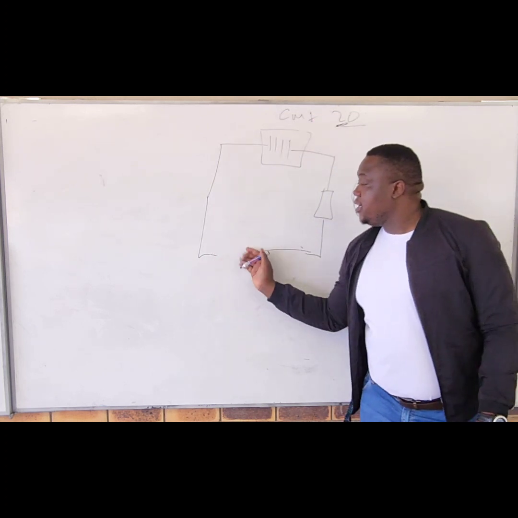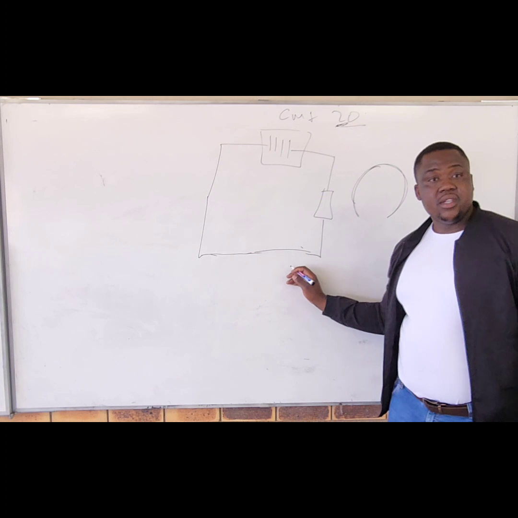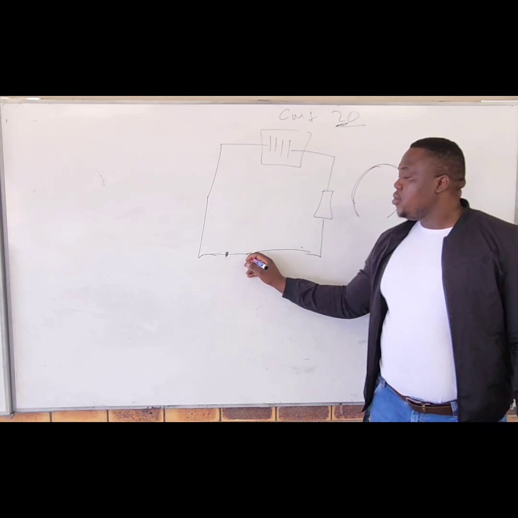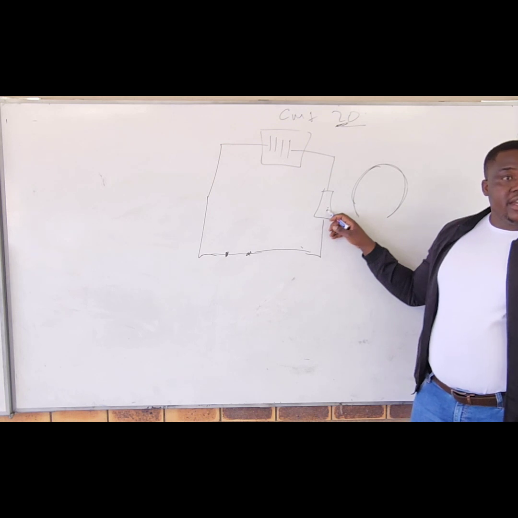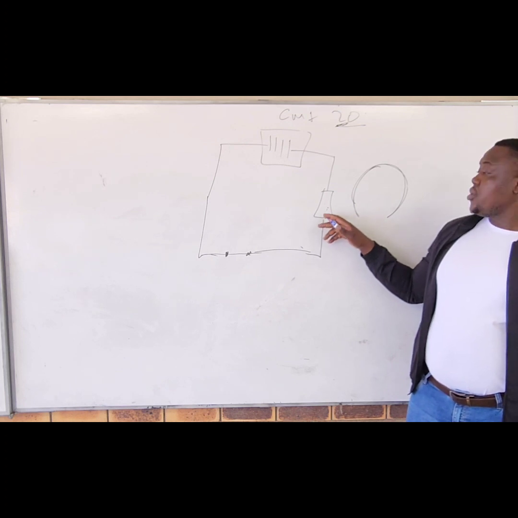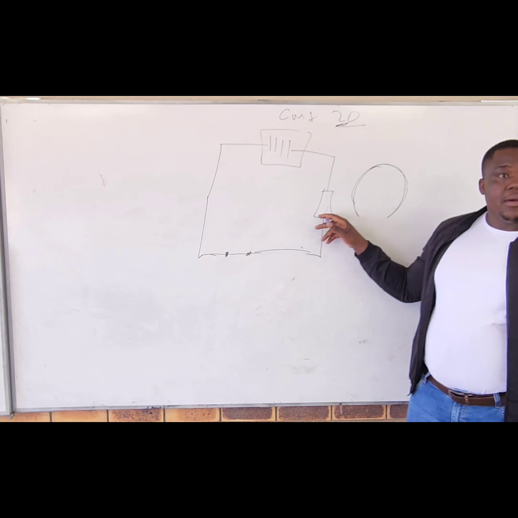But immediately we close this switch, will we have a reading of 20 here? No, we're not going to have a reading of 20 because some of the energy is lost in the form of heat. We don't know how much we'll be having here, but we know it will not be 20. Understand?